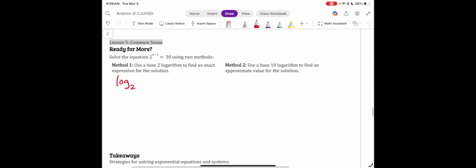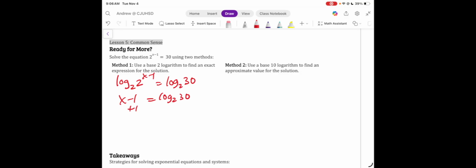Now, on the ready for more, what if you're not in base 10? So it says here, method 1, use a base 2 logarithm to find an exact expression. So if you go log base 2 of 2 to the x minus 1 equals log base 2 of 30, then this is x minus 1 equals log base 2 of 30.